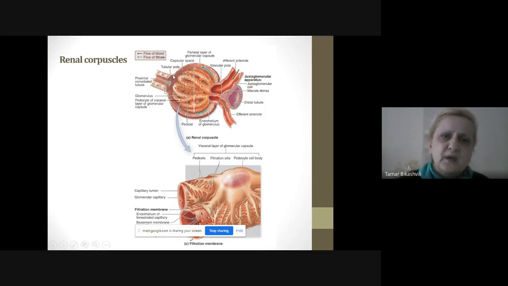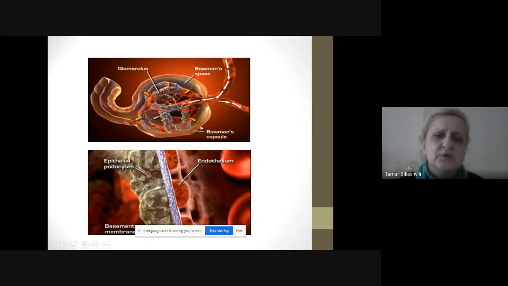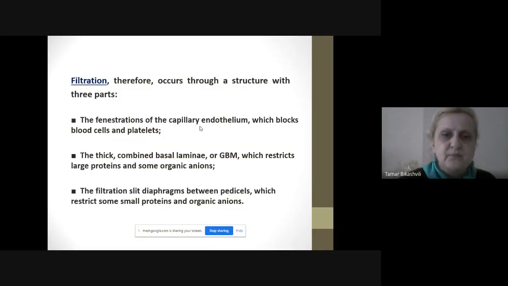Here is the proximal convoluted tubule where the tubular pole starts, and this is the vascular pole where the afferent and efferent arterioles are located. Okay, so this is the glomerulus here and the Bowman's capsule with two layers, and between these layers is the Bowman's space.